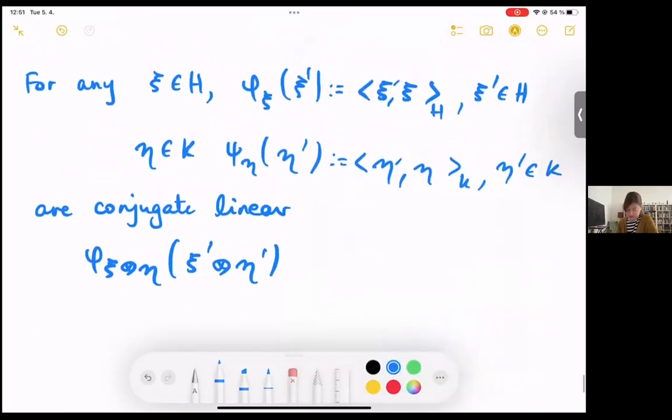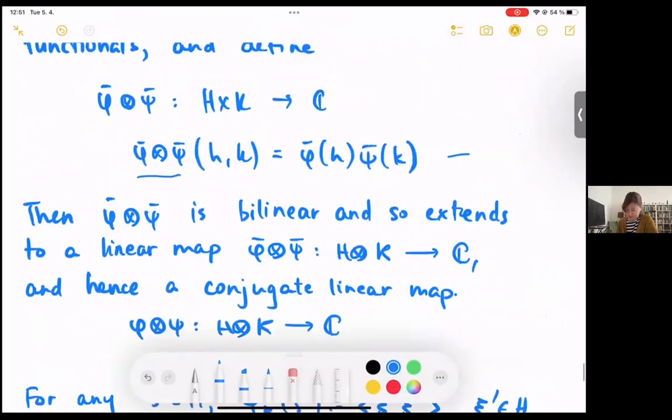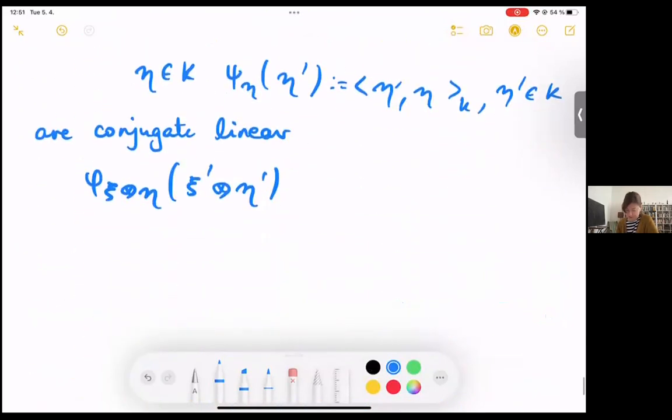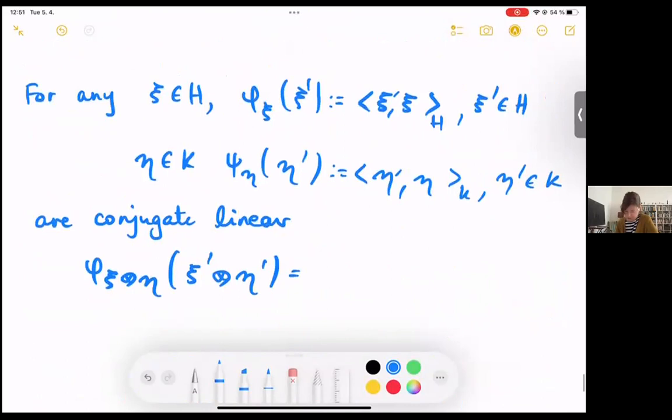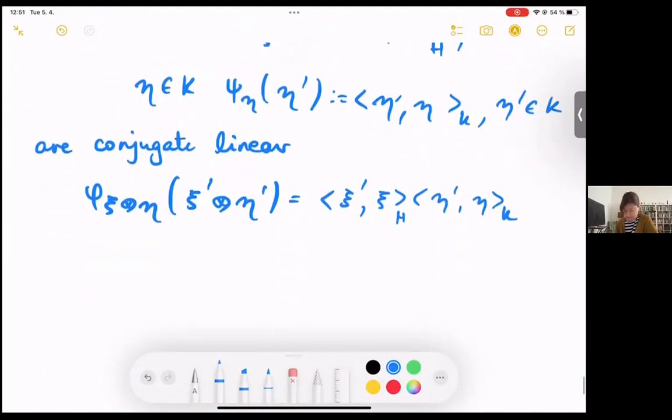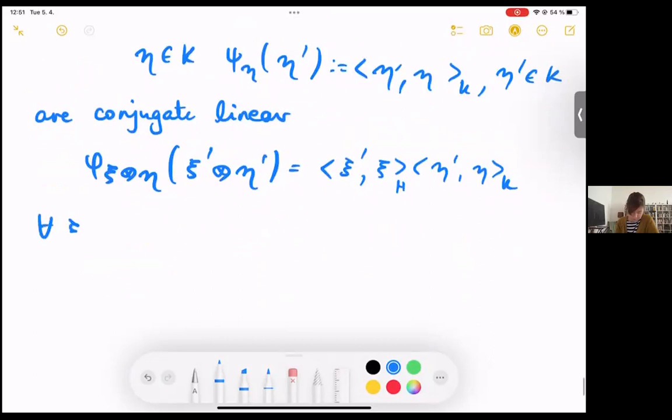And by the definition here of what these look like, well, we get that this is going to be that's in H tensor K.